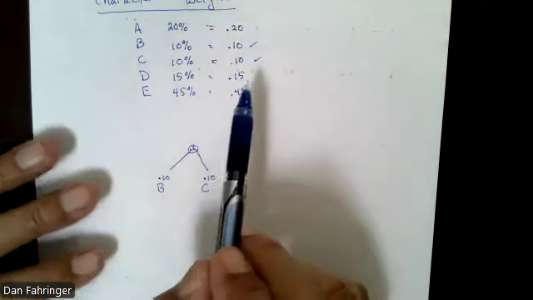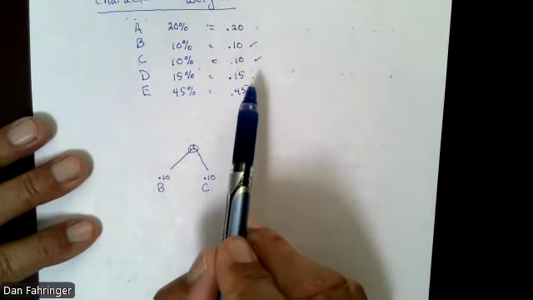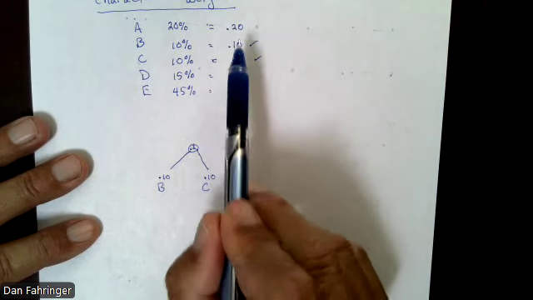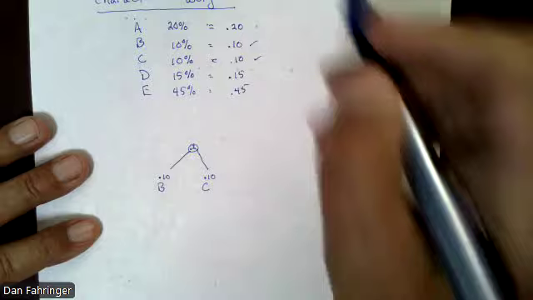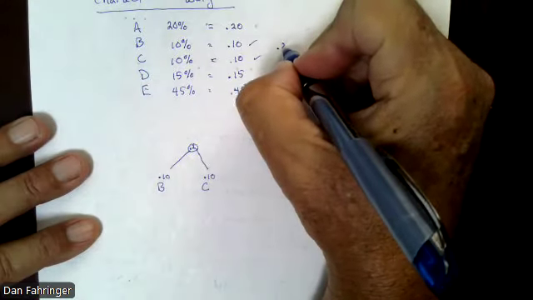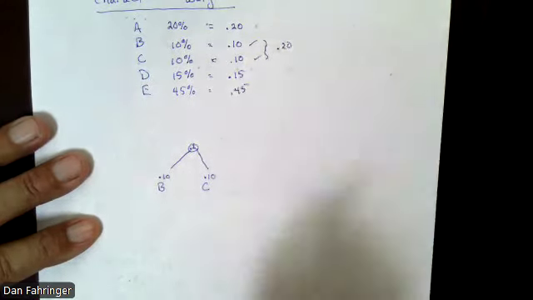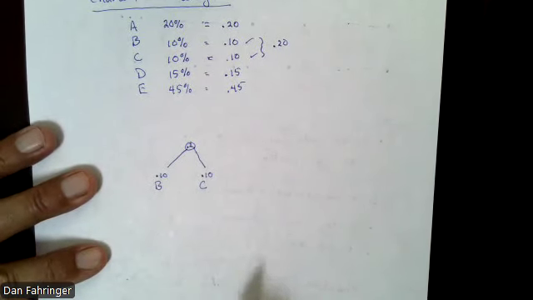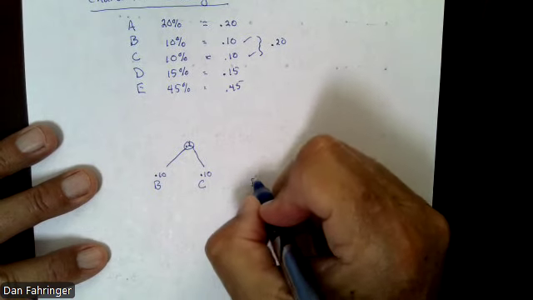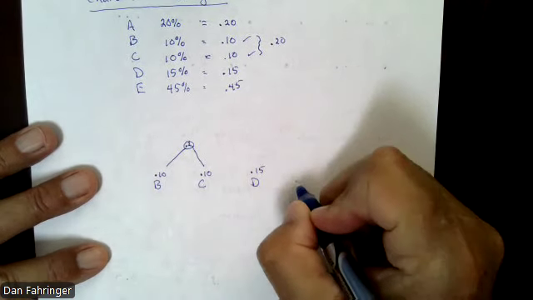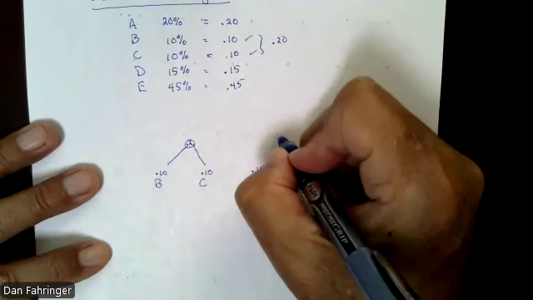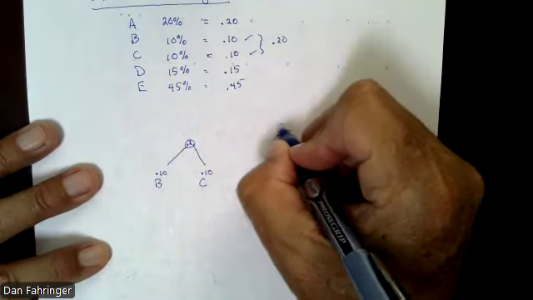My next smallest is 0.15. So I combine that with either the 0.20 for A or the 0.20 for these two. I think I'm going to combine it with A. So I'm going to take D, it's a 0.15. I'm going to take A, it's a 0.20, and that's going to make up a 0.35.